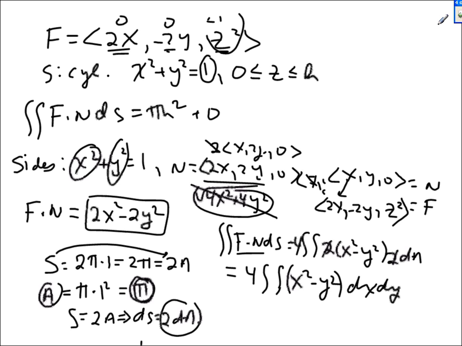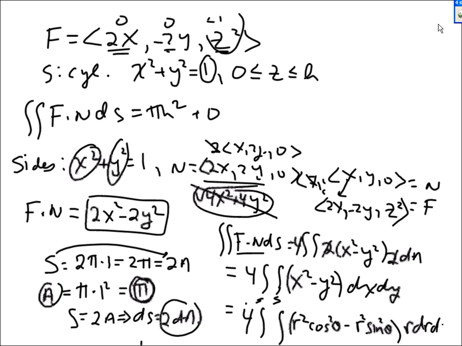And I guess rather than even saying what these limits are, why don't we just go right to polar? x squared is r squared cosine squared theta minus y is r sine theta, so I have to square it. And dx dy becomes r dr d theta.